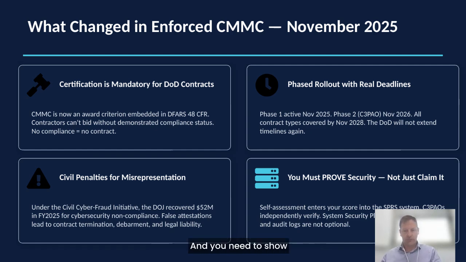Okay, and you need to show certifications for this. This is not a nice to have type of thing anymore. On top of that, we're also seeing some civil penalties, and of course everything related to phase 2 by November 2026, and the assessments of C3 PAOs.